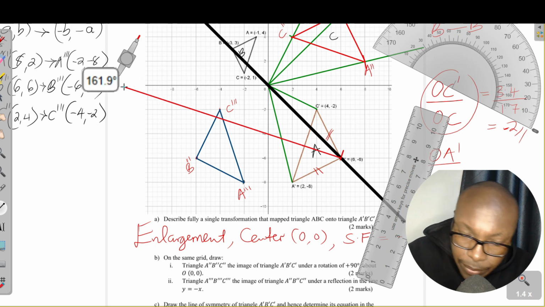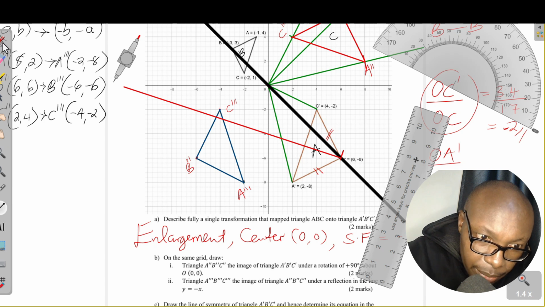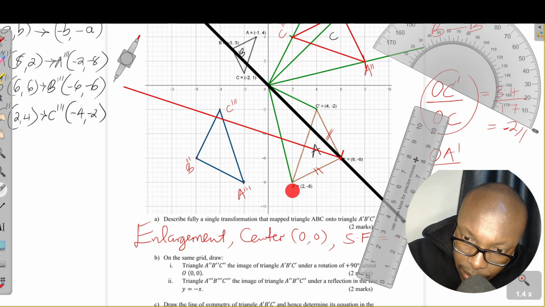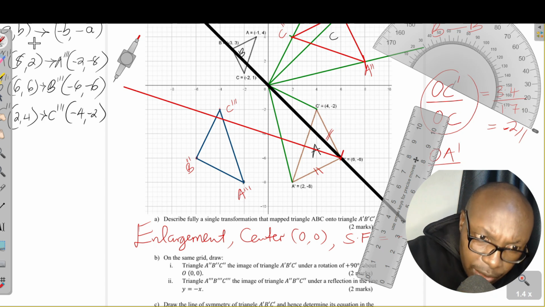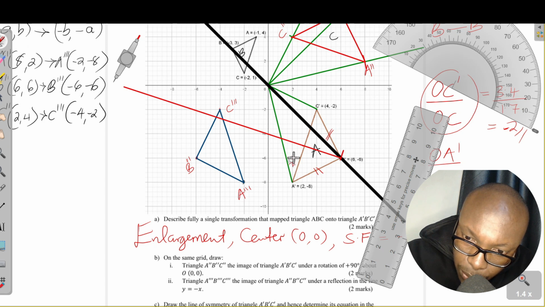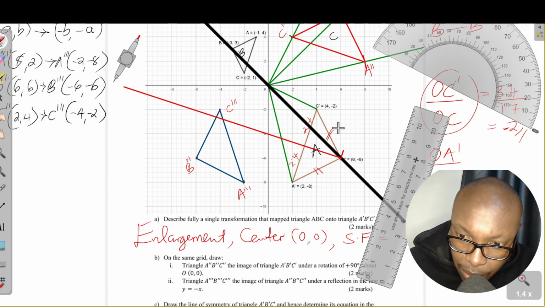So what I've done, I've actually taken the measurement. A prime to C prime, I've got to be 4.8. I've taken the midpoint of that, which is 2.4, and this one is 2.4. Because this is an isosceles triangle, if I draw a line from this point straight, it will divide that triangle A prime, B prime, C prime into two halves.